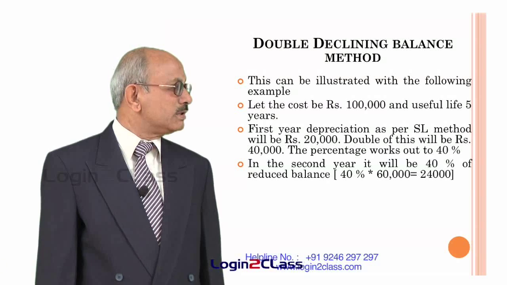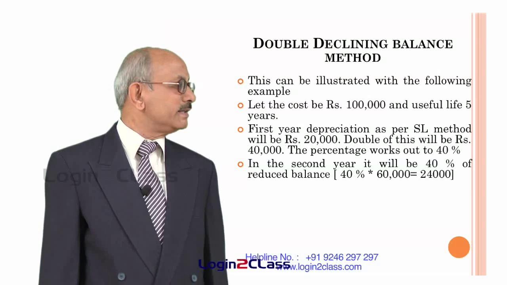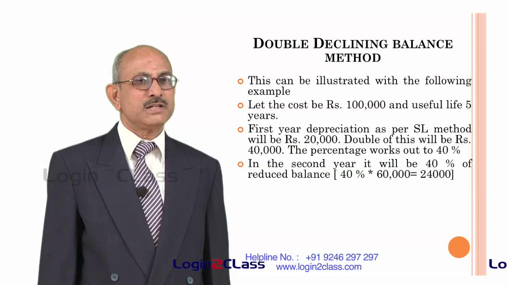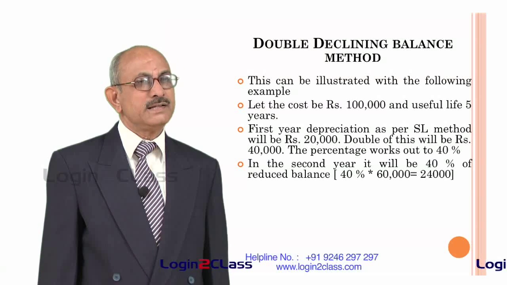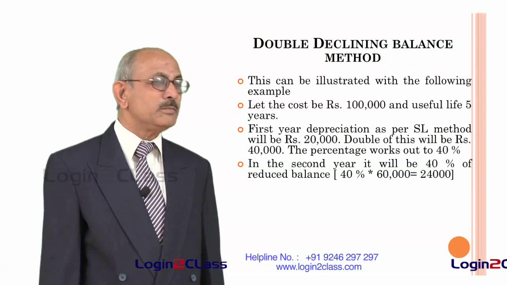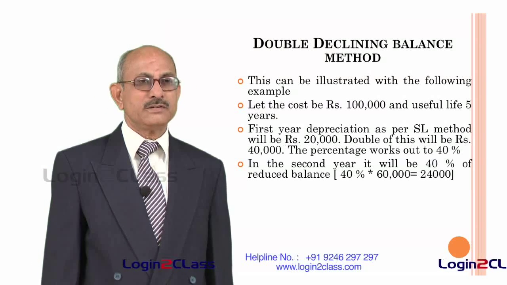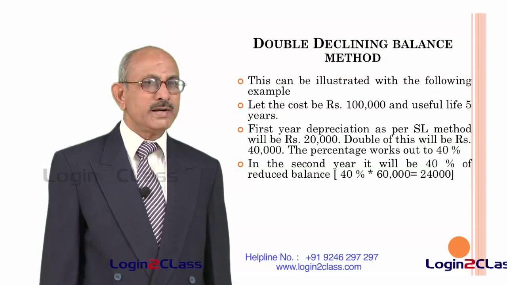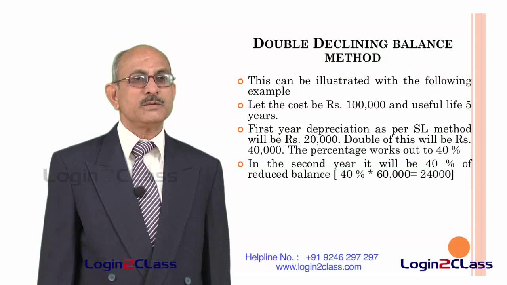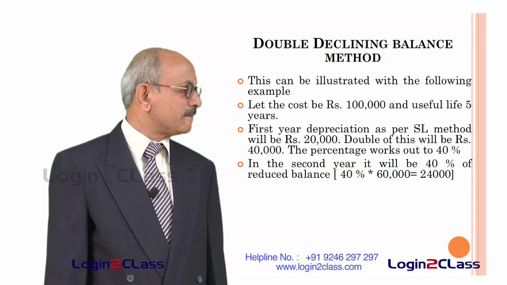you have to find out that percentage which has been provided in the first year. That means here on 1 lakh you have provided depreciation of 40%. So, in the second year you apply 40% on the reduced balance. So, the reduced balance will be 60,000. After providing for 40,000 depreciation on 1 lakh, the value will be 60,000. On 60,000 you provide 40%, that will be 24,000.